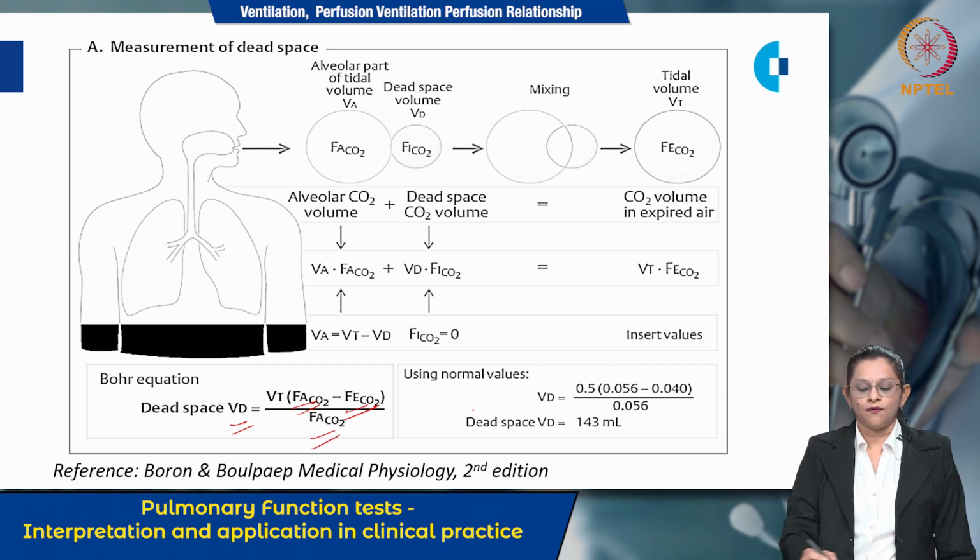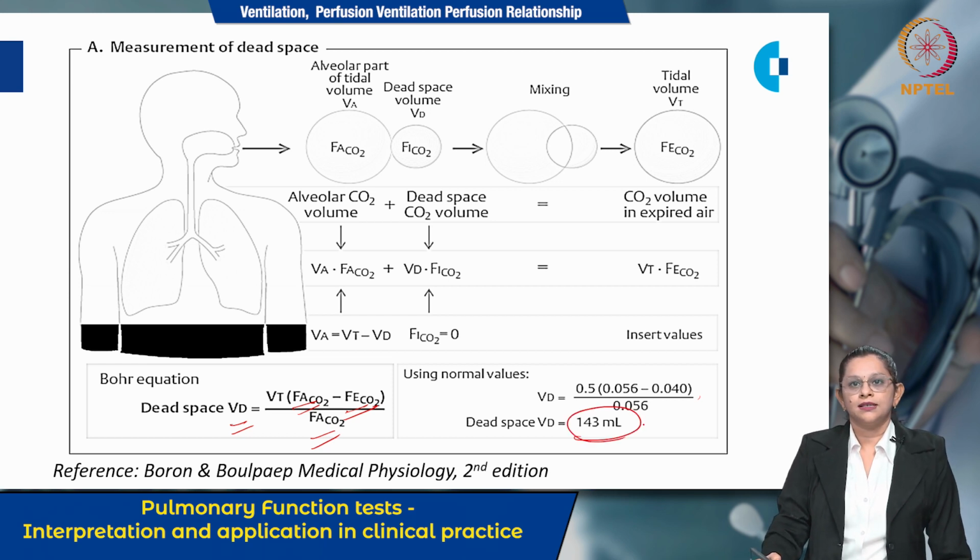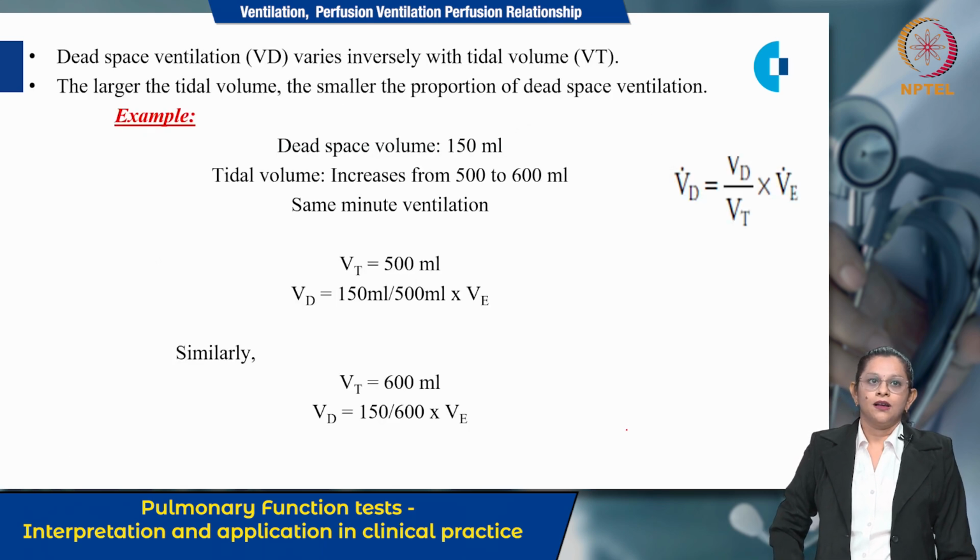When we substitute the value tidal volume as 500 ml or 0.5 and alveolar carbon dioxide concentrations as these, we get the dead space to be 143 ml. So an average dead space is around 140 to 150 ml. That is the physiological dead space.